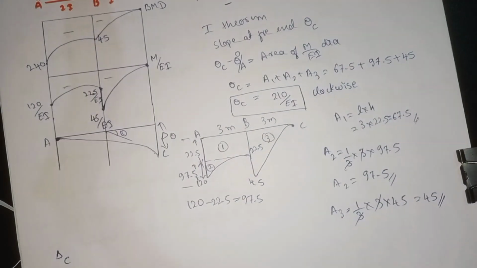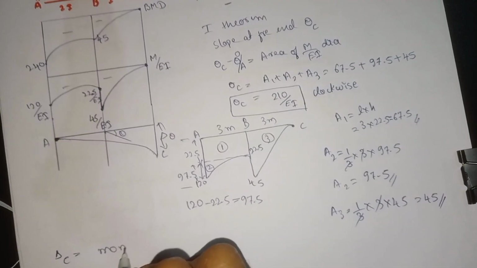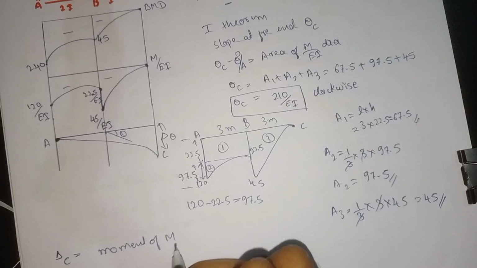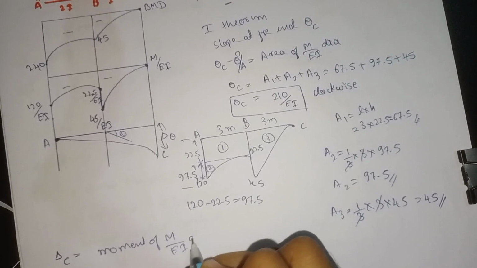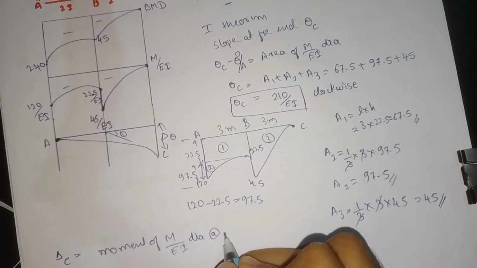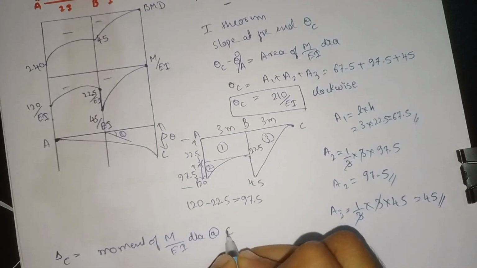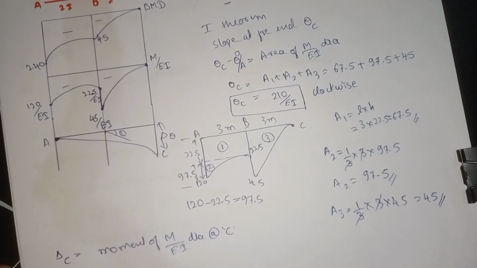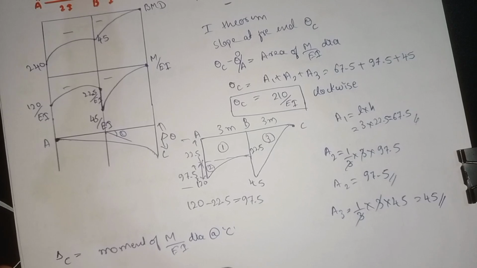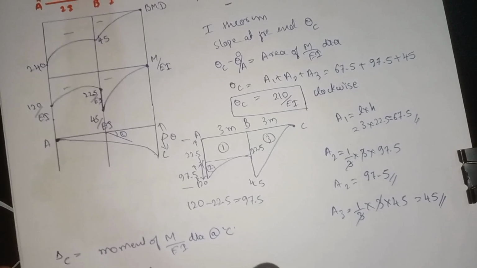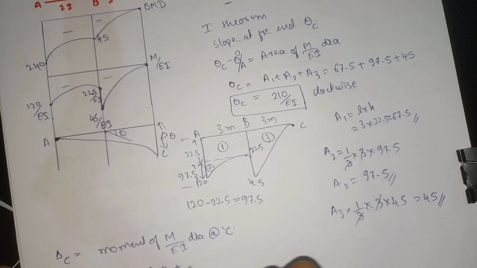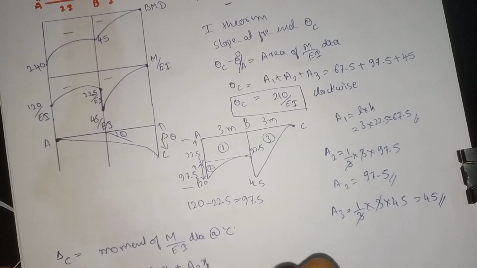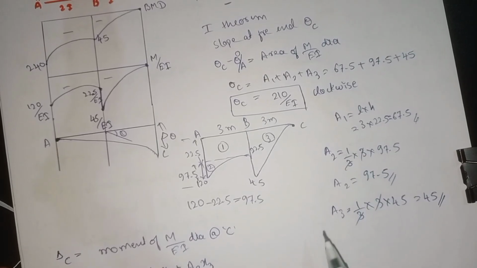We have the formula for that: the moment of the M divided by EI diagram at point C. For that we have the formula A1 into the CG of area 1 plus A2 into the CG of area 2 and A3 into the CG of area 3. We now have the A1, A2, A3 values, so first I will write all the values.